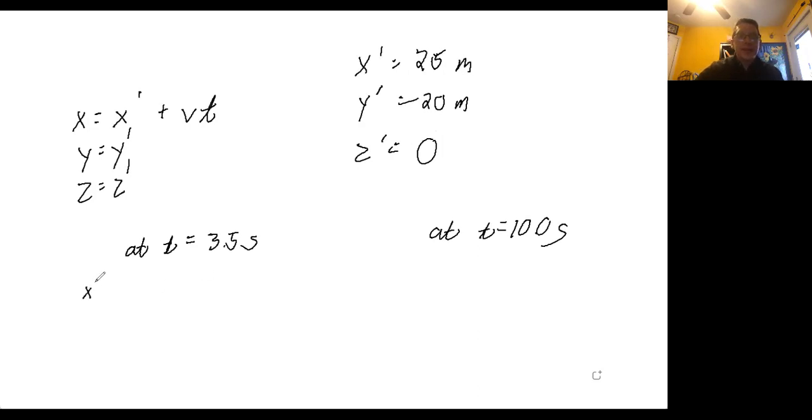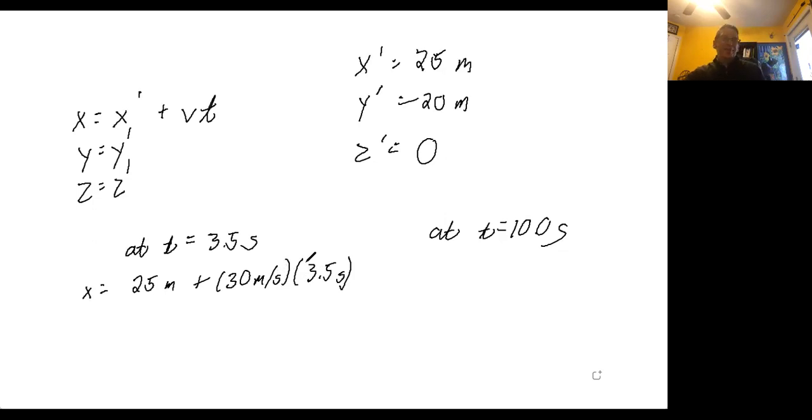So x is equal to 25 meters plus, and the velocity v is equal to 30 meters per second, and so that's times 3.5 seconds. So this number, when you multiply it out, is 105, but you only know it to two significant figures.